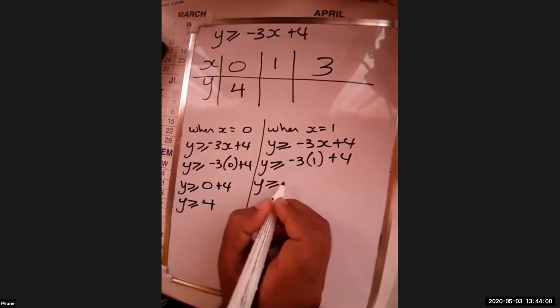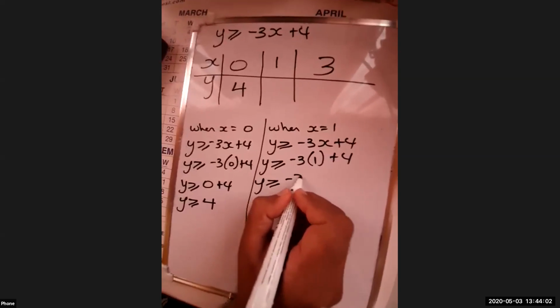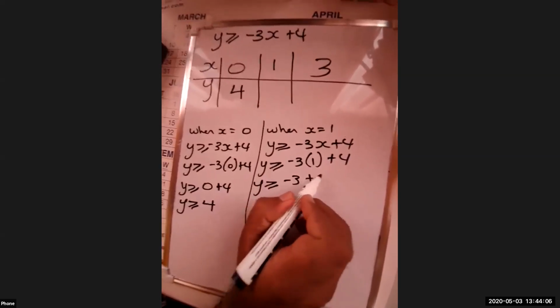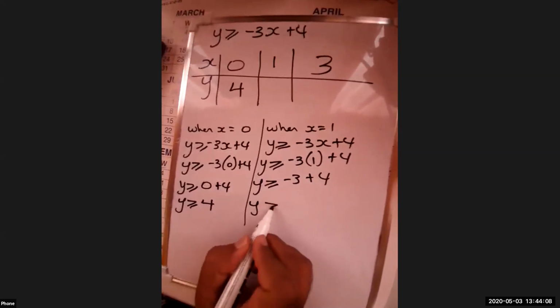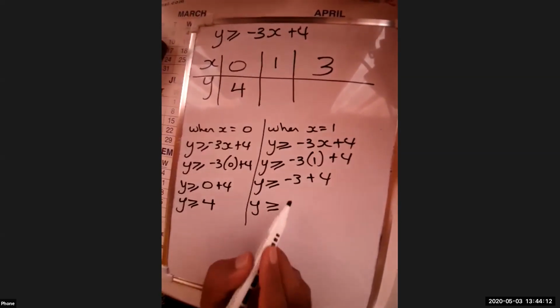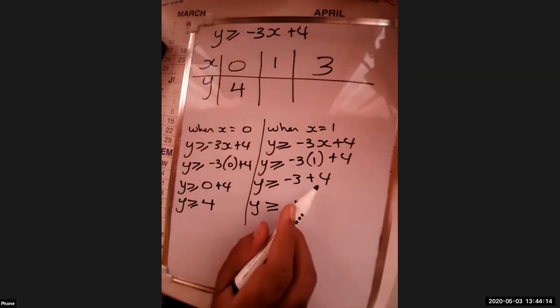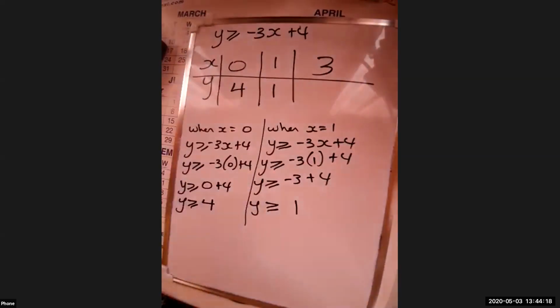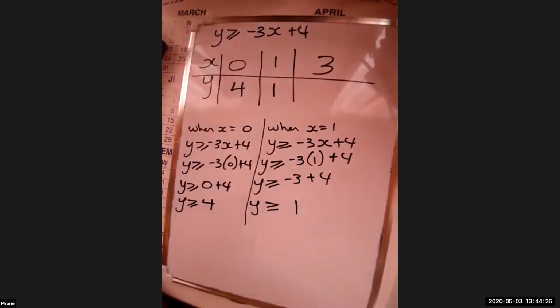Negative 3 into 1 is negative 3, plus 4. When the signs are different, we find the difference, which is 1, and we keep the sign of the greater number. So the answer we are taking is positive 1, right? Can you all do the other one and tell me what's the answer? When x is 3, I want you all to work it out and tell me.